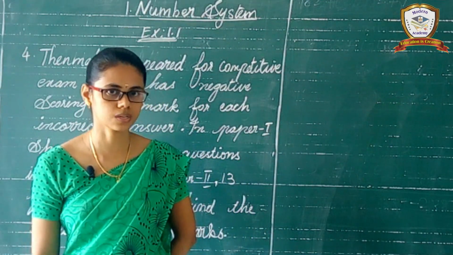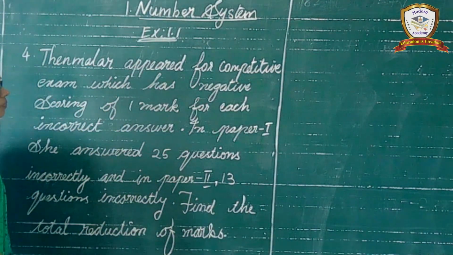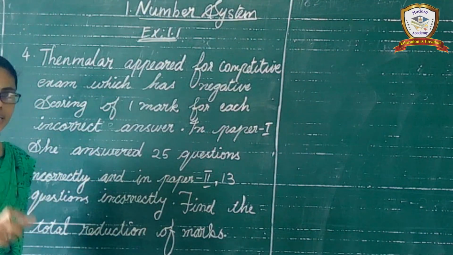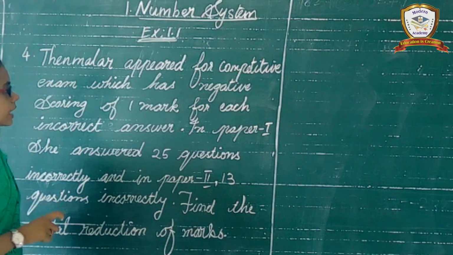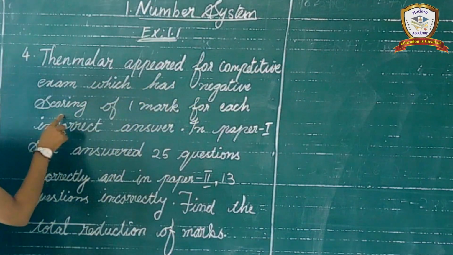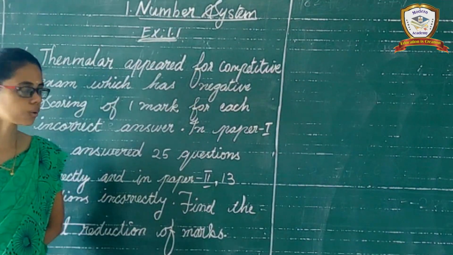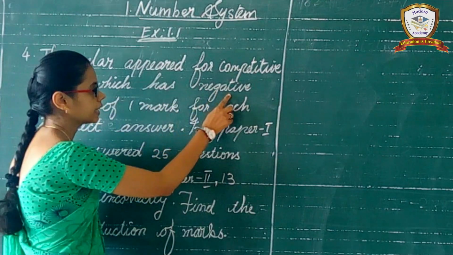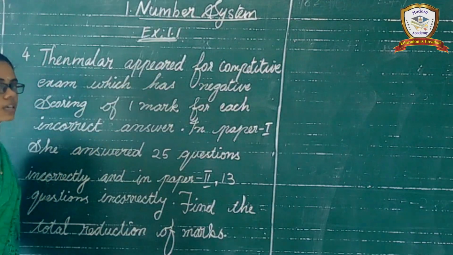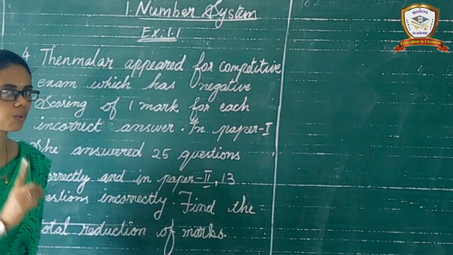For each incorrect answer, negative marks were allotted. Incorrect answers means wrong answers, so wrong answers carry negative 1 mark.